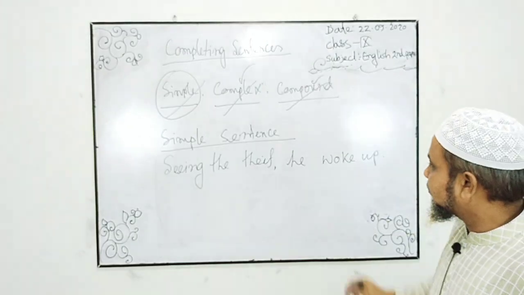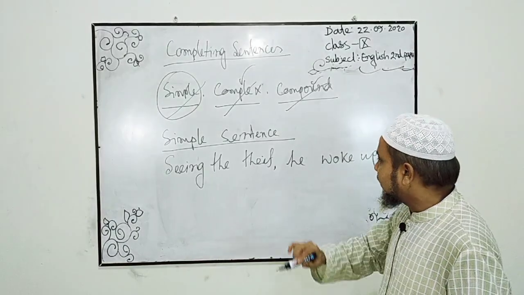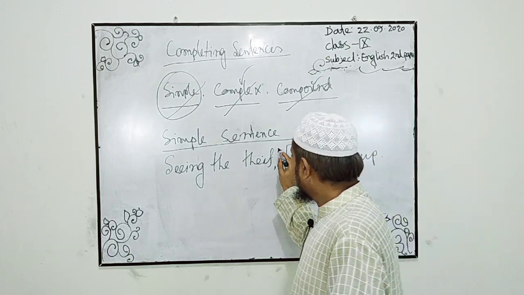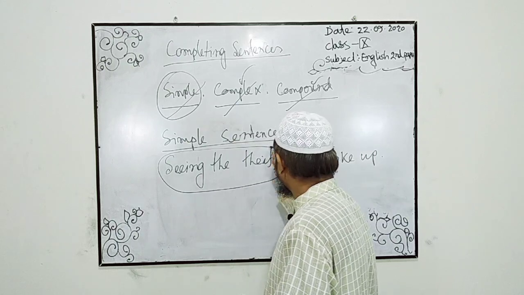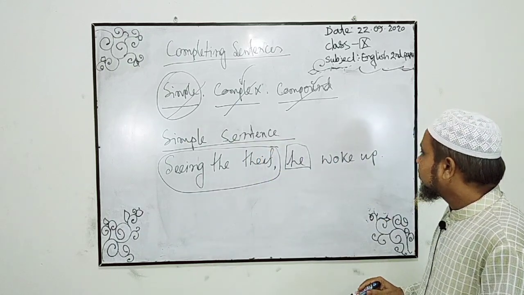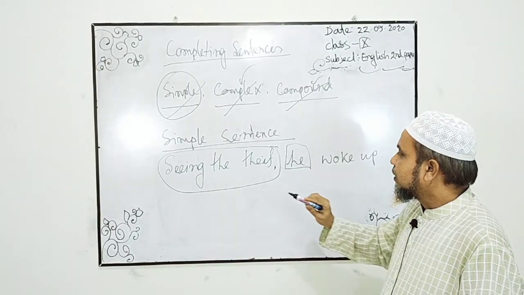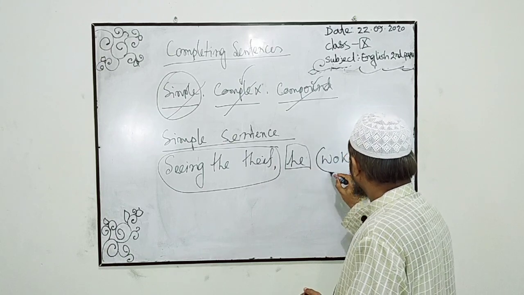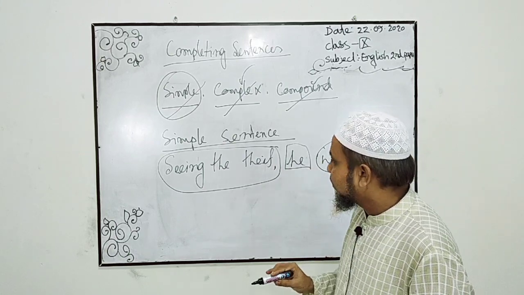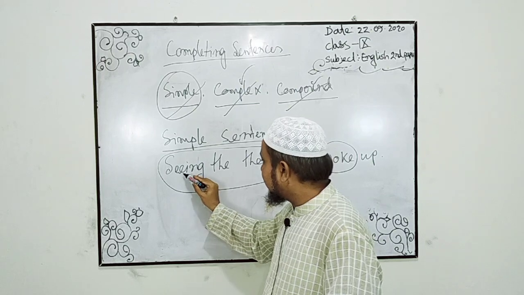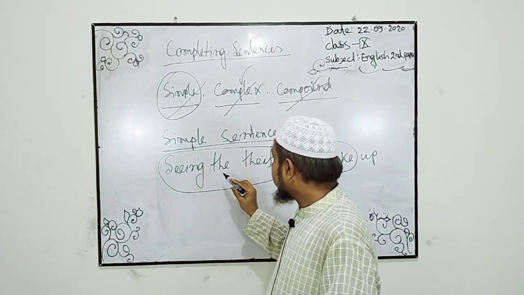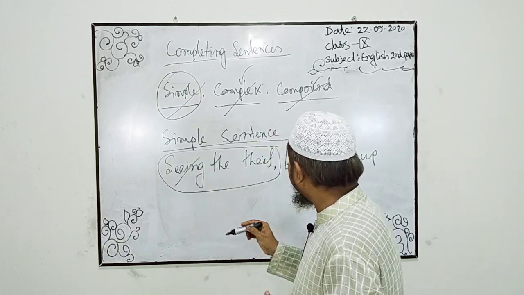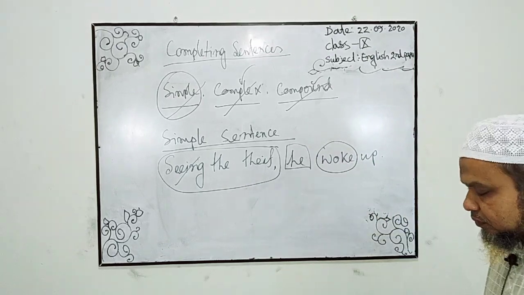Look at the sentence very carefully, then you will find here is a subject and this is also a subject. But in a simple sentence, only one verb remains, and another verb we make a present participle, so it does not remain a verb, it becomes a verbal noun.